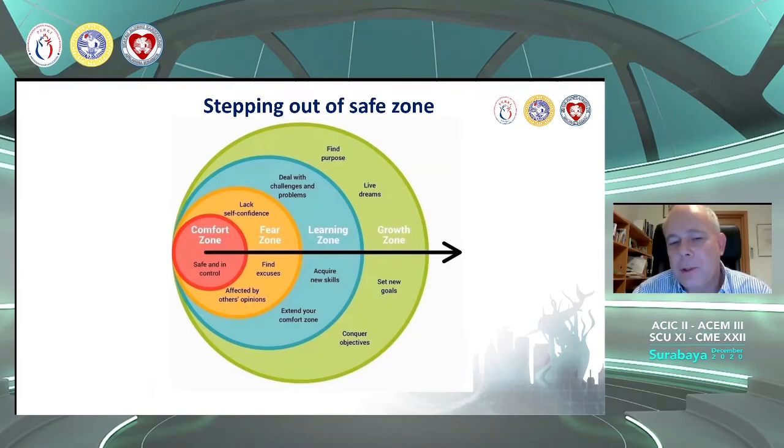This is something that you need to improve on. You can do this in the learning zone, where you deal with the challenges and problems. For something you can't do, you acquire the skills to perform it. This way you can extend your comfort zone into the more complex procedures.